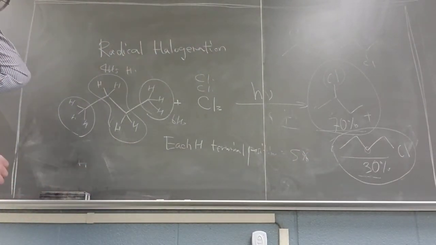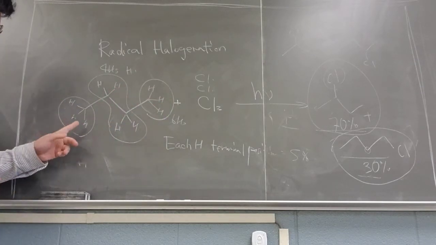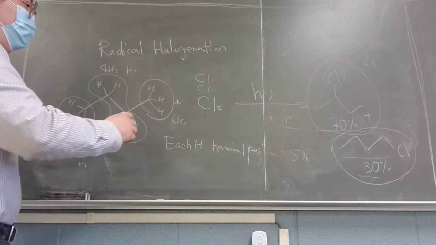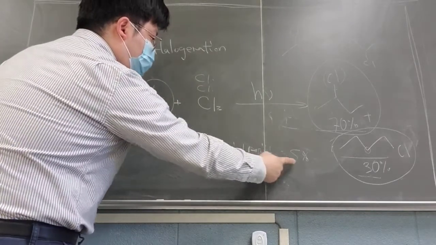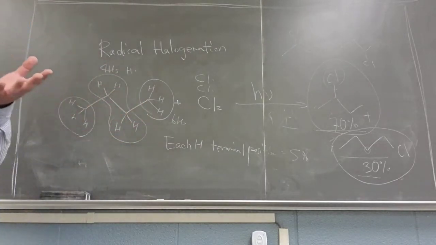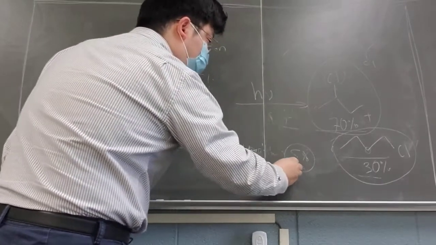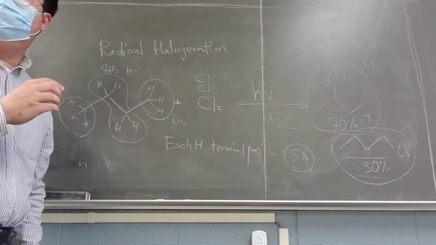Makes sense, right? Because you have a terminal position with hydrogens that can be radical halogenated, there are 6 hydrogens, but you have 30% of product. So for each hydrogen on the terminal carbon it will be 5%. Does it make sense?